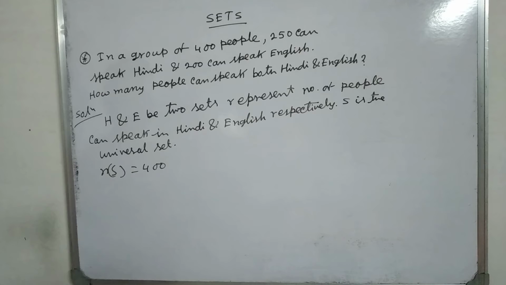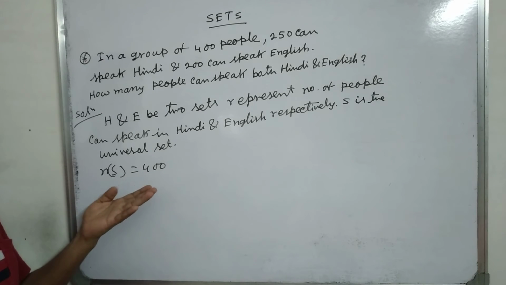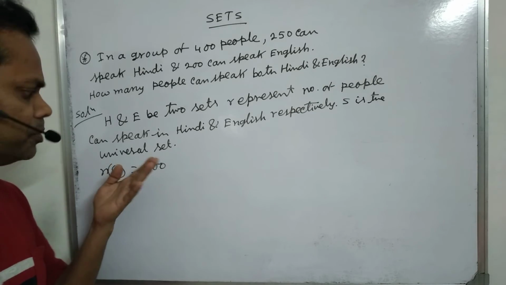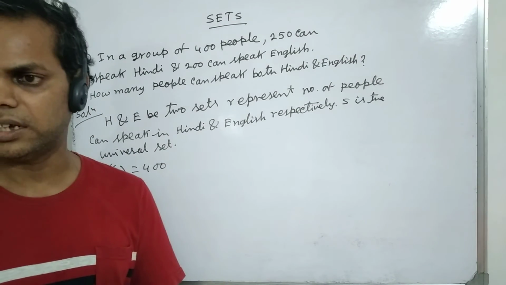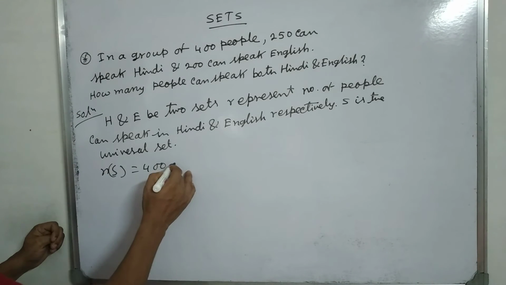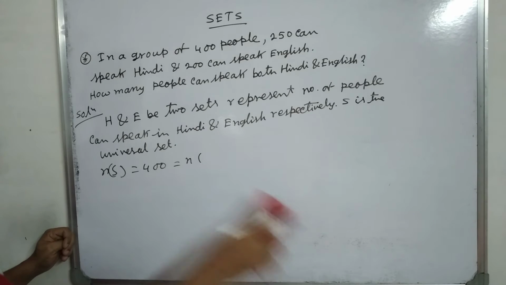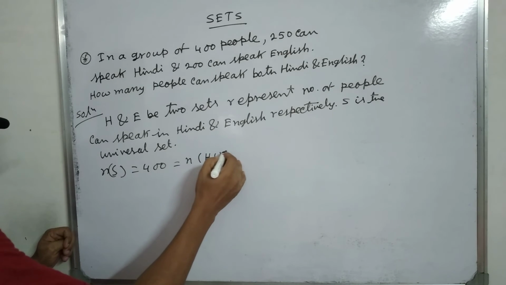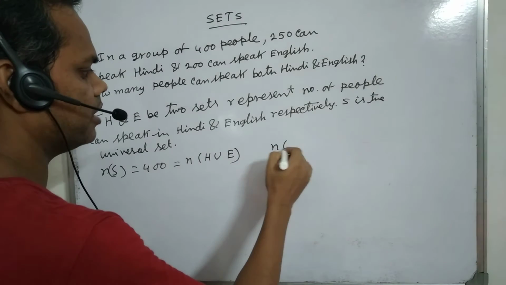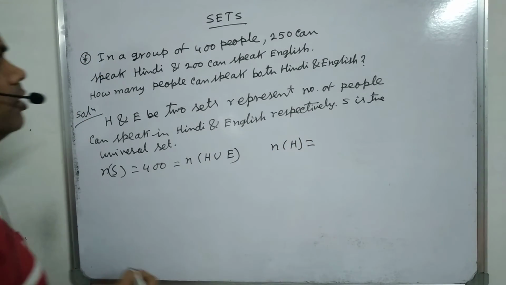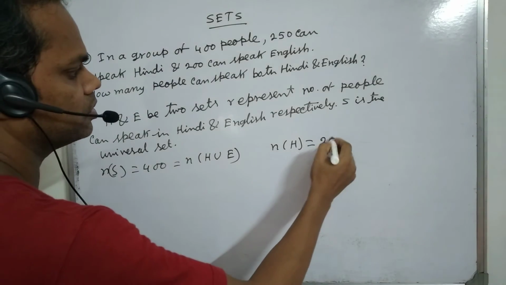Now out of these 400 people, one of them can be speaking Hindi, or speaking English, or speaking both English and Hindi. So n of S equals n of H union E.